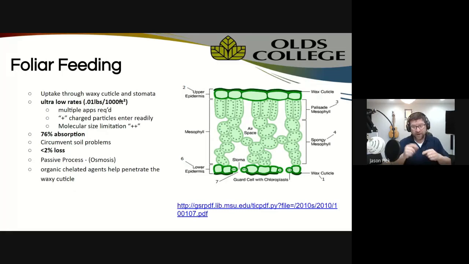So you can get oil into oil, or wax into wax in this case, but not necessarily water into wax. So the chelating agents help to do that, kind of bridge that epidermal layer. And that's why we celebrate how well they work, really just to get you through that cuticle. But ultimately, we're circumventing any problems in the soil or any losses associated with pH or otherwise by using foliar feeding. Any questions here, guys?